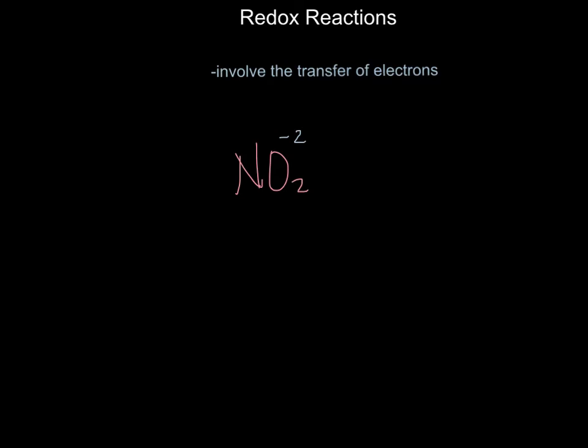Since there is no positive or negative charge on this compound, we know that the overall charge of NO2 is neutral. So our overall charge right now, with two oxygens each having a -2 charge, is a -4, meaning that in order to make this entire compound neutral, the oxidation number on our nitrogen must be a +4.